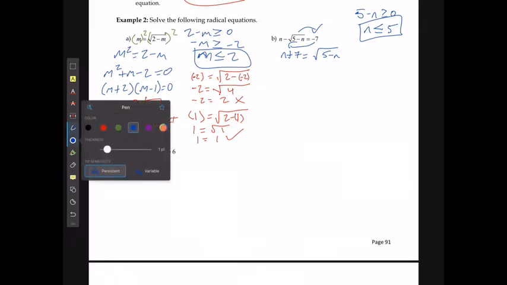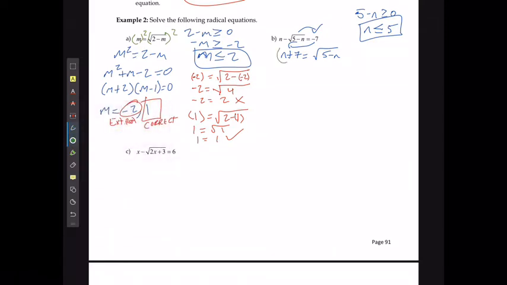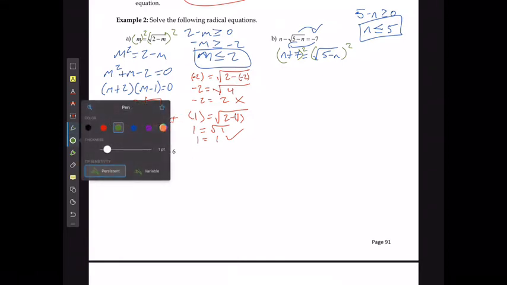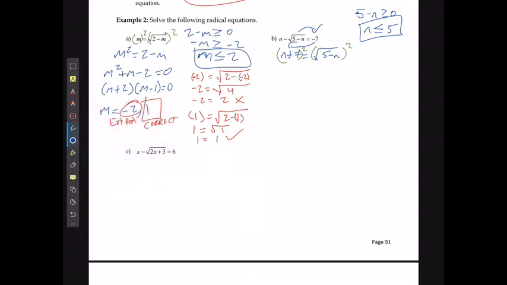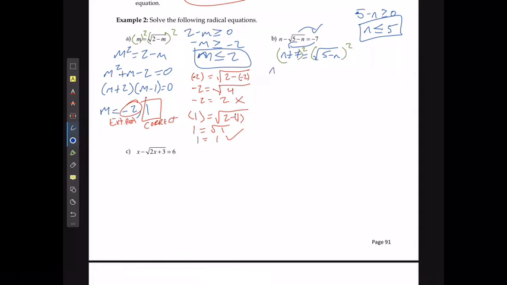This is where I said that we need to put brackets around, because remember, when I'm squaring the left-hand side, because it's a binomial, it's going to square out to a trinomial solution. It's not just going to be n squared plus 49, it's going to be n squared plus 14n plus 49 is equal to 5 minus n.